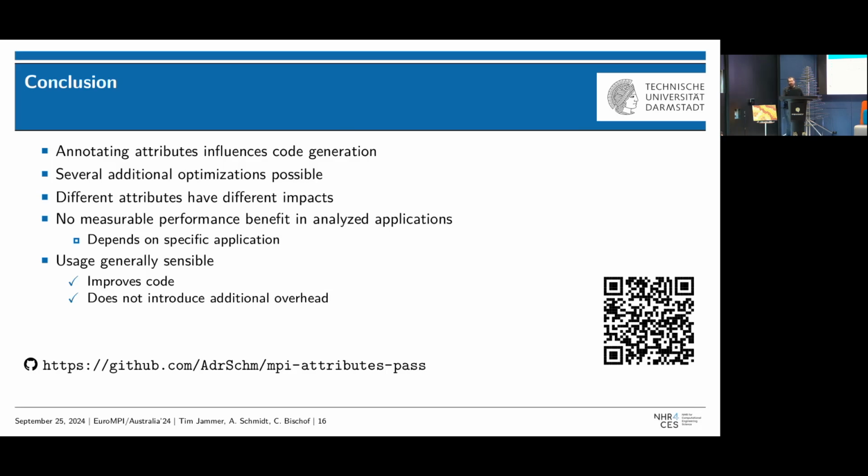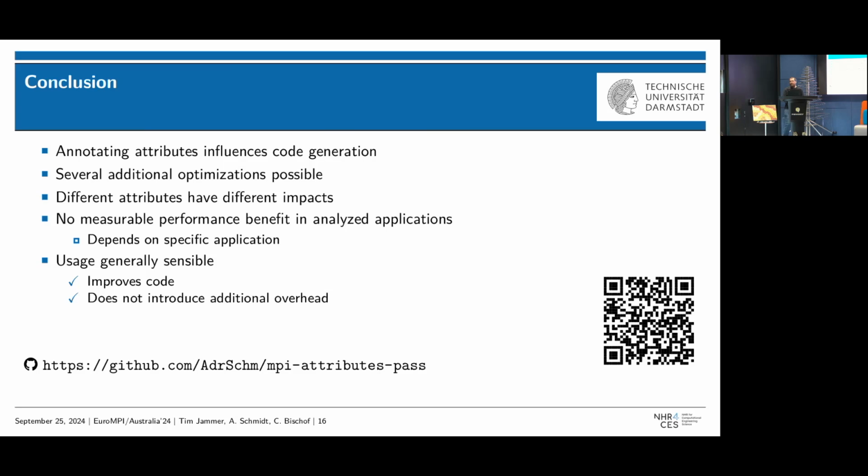Also, it is worth noting that the only thing that we have done is tell the compiler relevant attributes for the MPI library. This approach would work with all standard compliant MPI libraries, because it's not specific to one library. And we do not include any extra compiler analysis or any other optimizations.